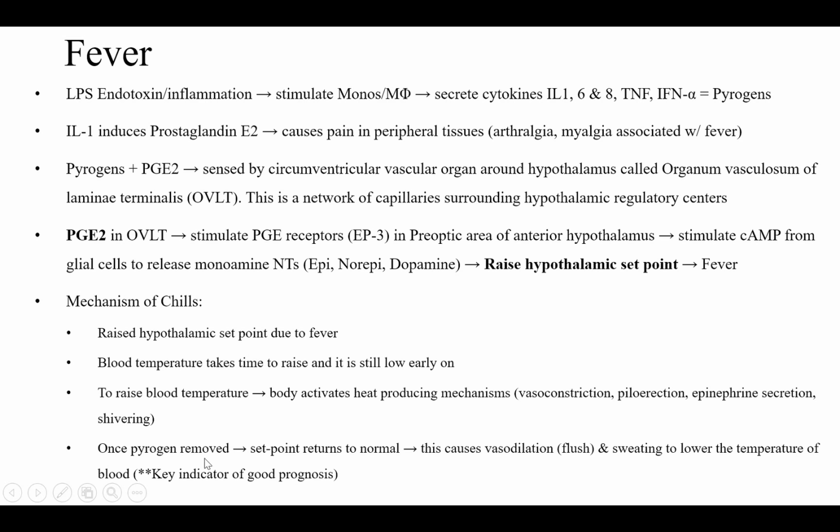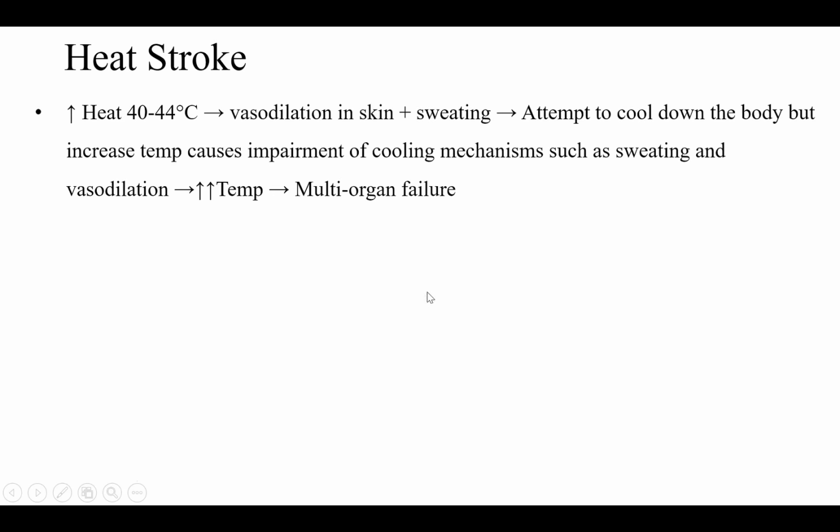Once the pyrogen is removed, your set point returns to normal, and this causes vasodilation and produces a flushing reaction, and sweating also occurs to lower the temperature of the blood. So this vasodilation and sweating together are a good prognosis. Back in the days, doctors could sense that the patient is getting better just by these two phenomena of vasodilation and sweating.